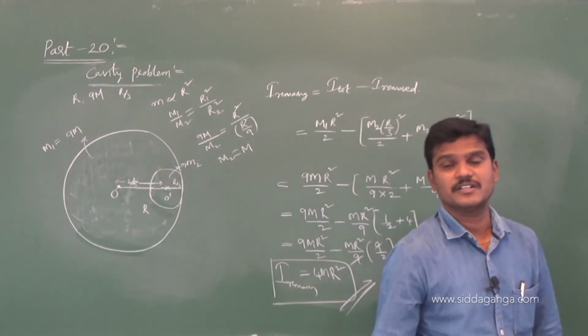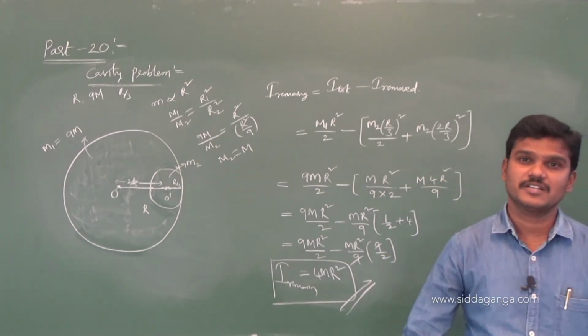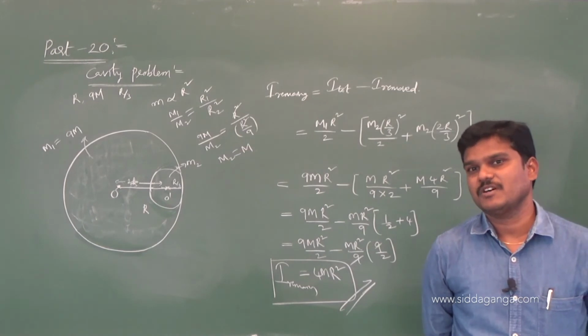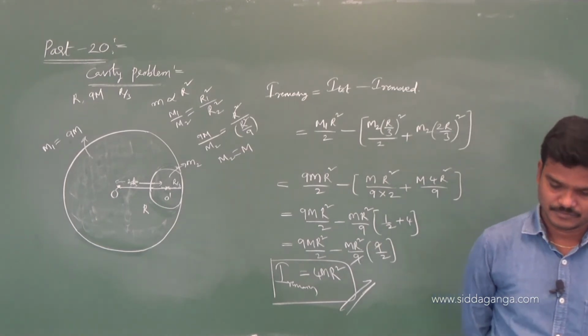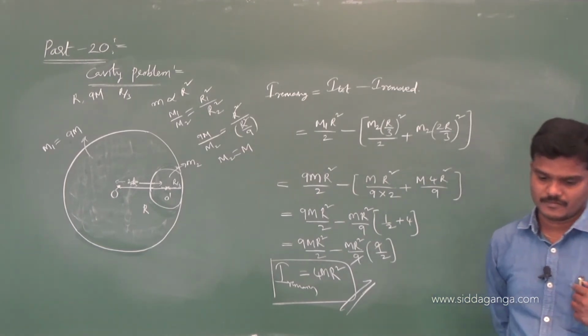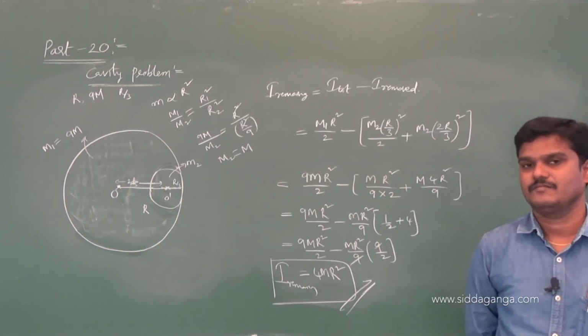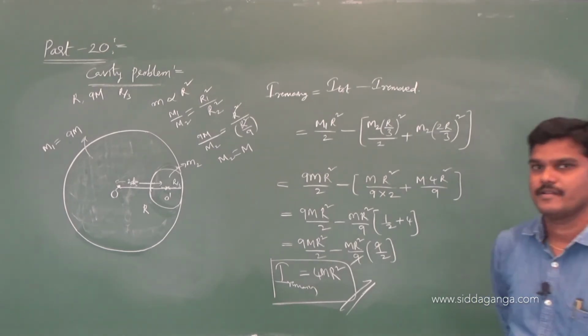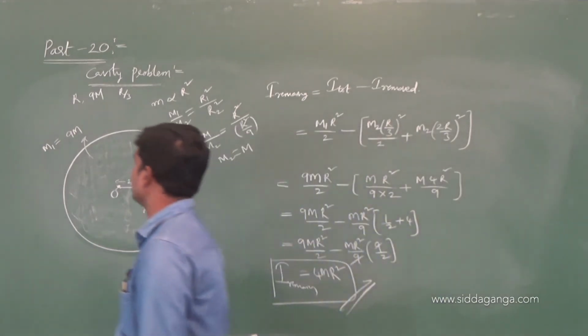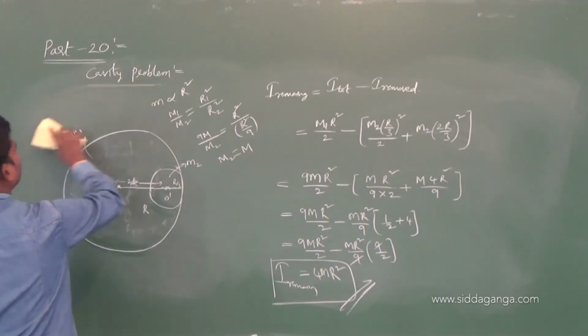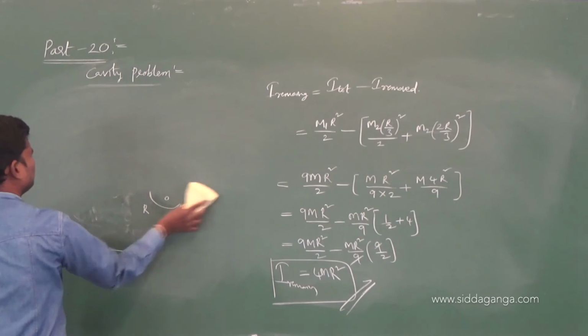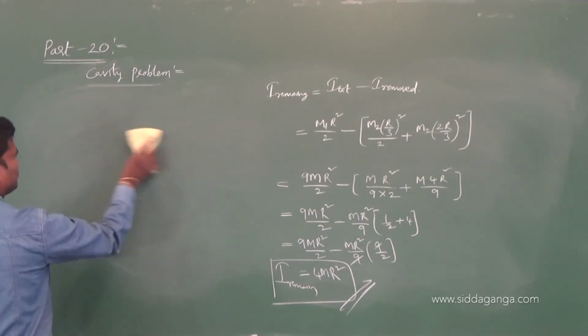Try a circular disc of radius 2r, from which another disc of radius r is cut. They have not mentioned the masses. Then you try it. Okay, let me give one more question. Do it fast now.